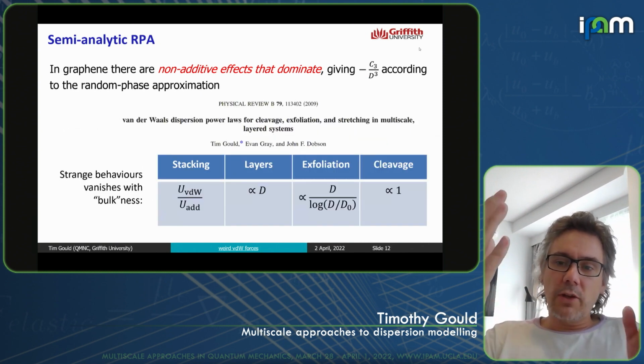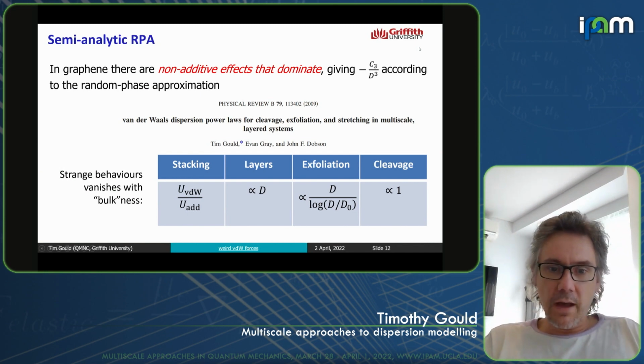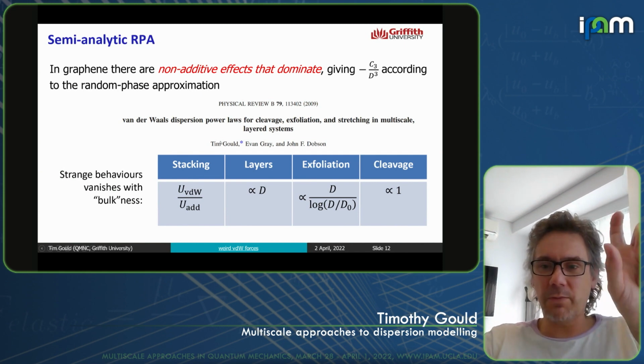And again, I remind you, long, thin. So let's take an example. We'll just stick with graphene for a second and think about what happens as, in a sense, we remove thinness from our problem.